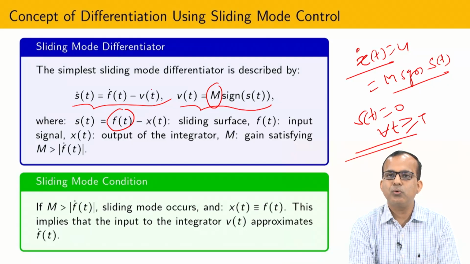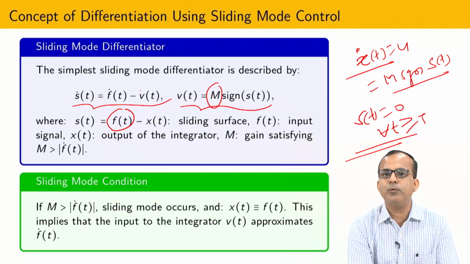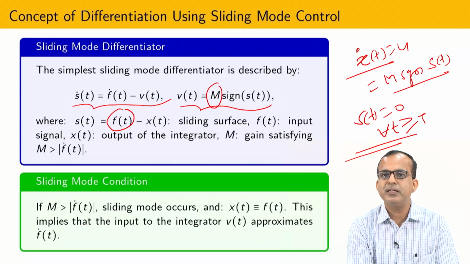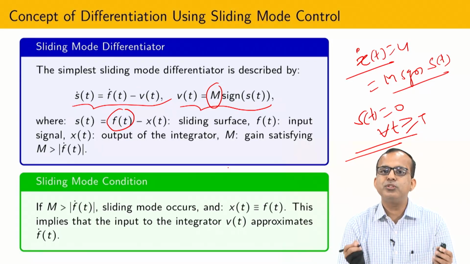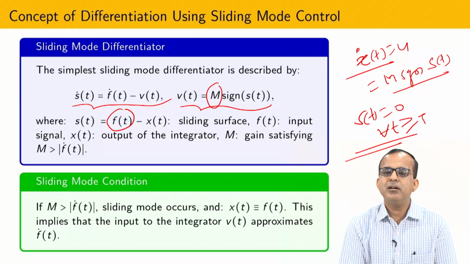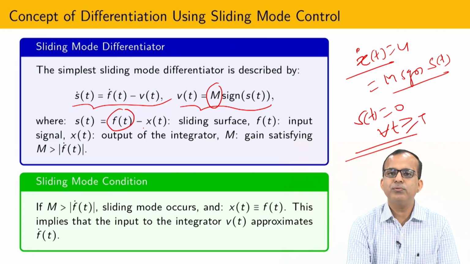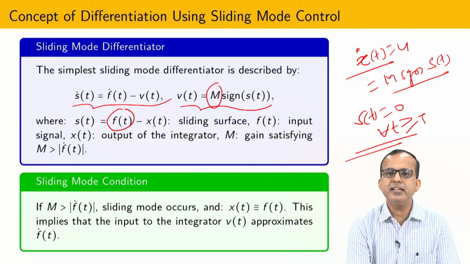And what is the interpretation of the equivalent sliding? s dot is also equal to 0. So s dot equal to 0 means the average value of vt, this discontinuous term, is exactly equal to f dot t. So the average value is going to estimate the derivative of ft. That is the clear idea based on first order sliding mode control.